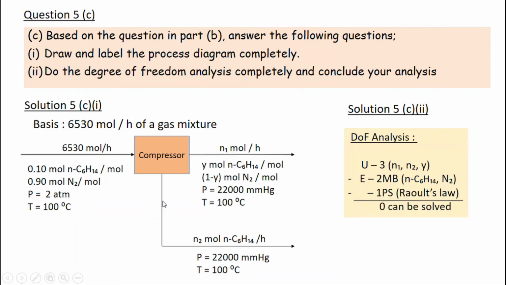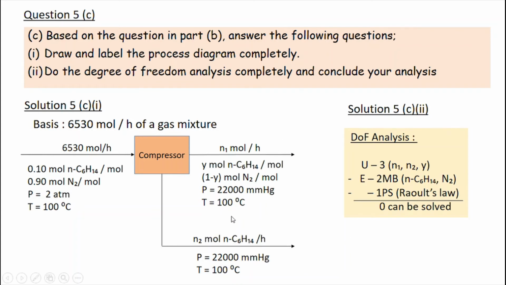There are two outlet streams which are in equilibrium, so both streams are at the same pressure and temperature. We use 22,000 millimeter mercury as the pressure because in part B we proved that 22,000 is more suitable to condense more liquid hexane.